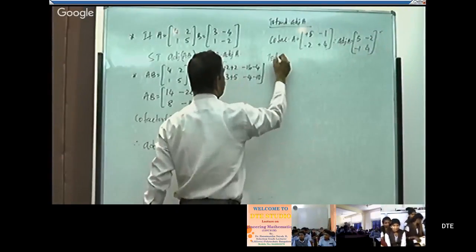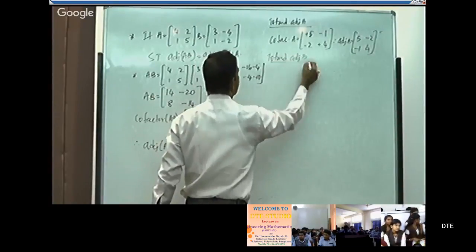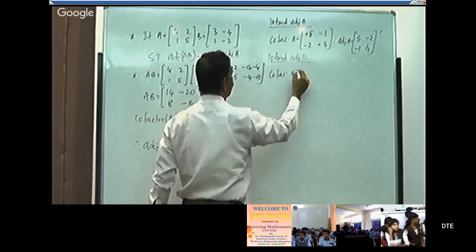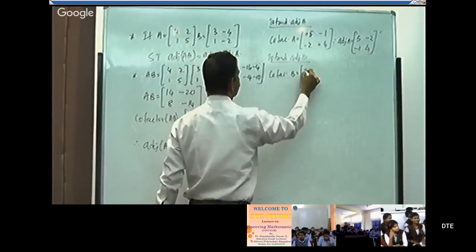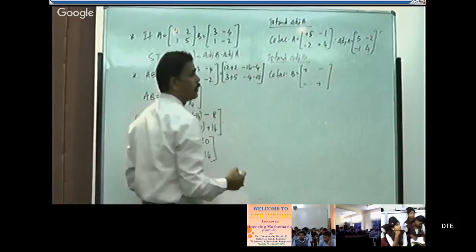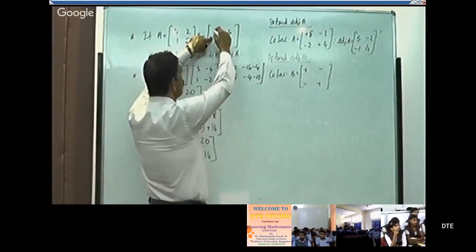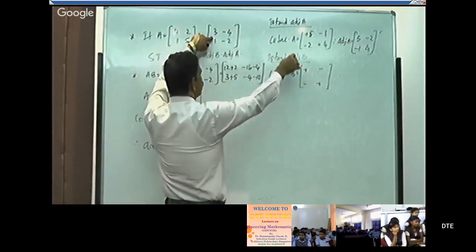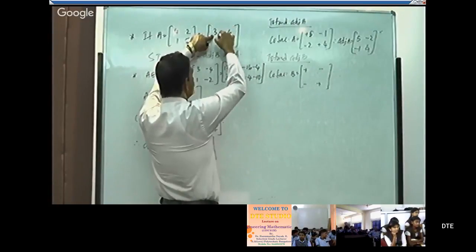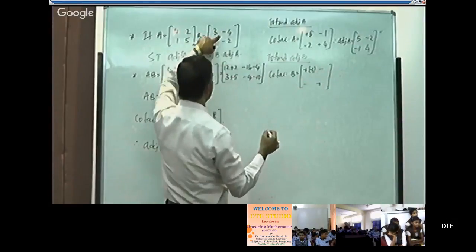Next, to find adjoint of B, write cofactor of B, that is plus, minus, minus, plus. This one will be B, right? Write the minor of all the elements along with the sign. For 3, what is the minor? Minus 2. For minus 4, what is the minor?